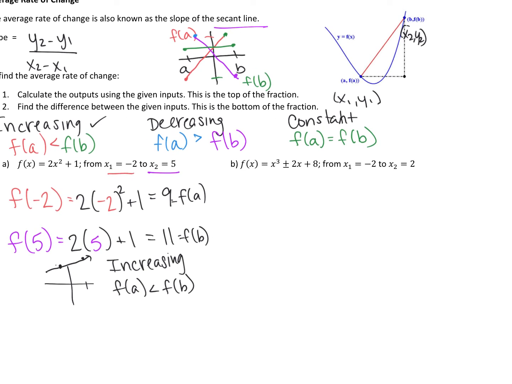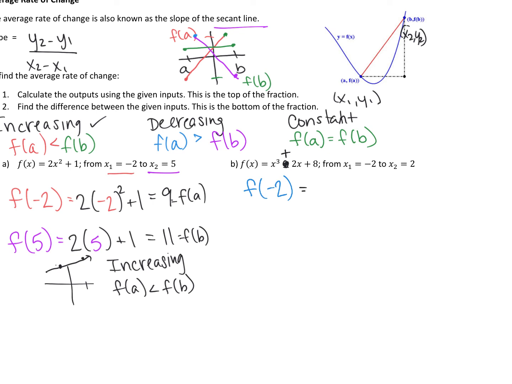Same concept right here. This should be read as x cubed. This should just be plus 2x plus 8. We're going to evaluate it at those 2 points. So we have f of -2. And again, I'm just going to plug in -2 for x.